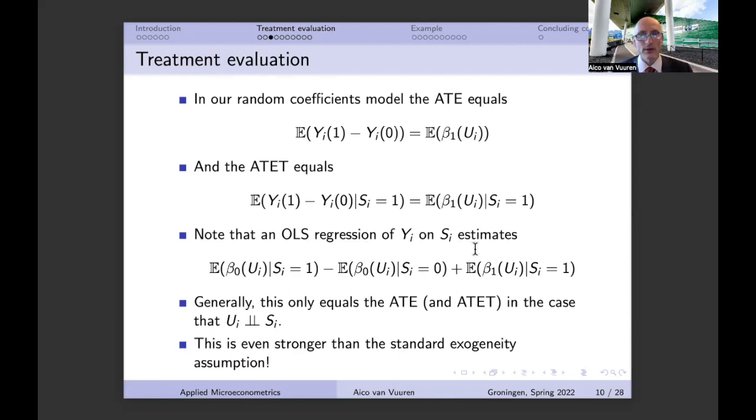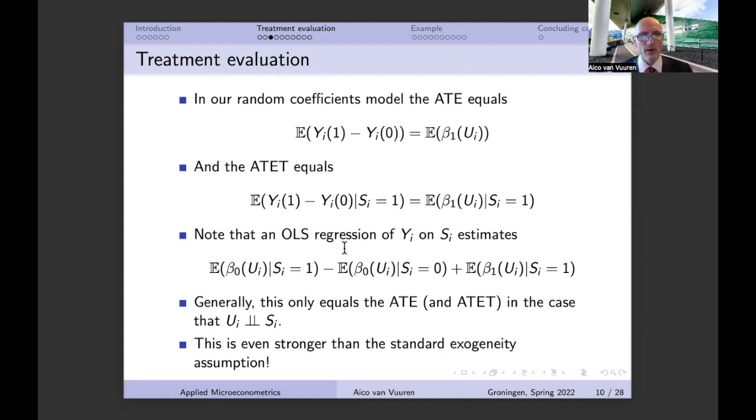Therefore, ordinary least squares is not going to give us any information generally about this last term, unless we are in a situation in which these two terms cancel each other.